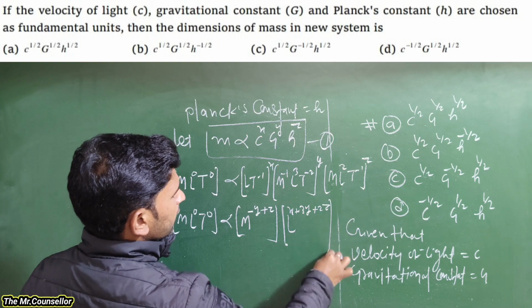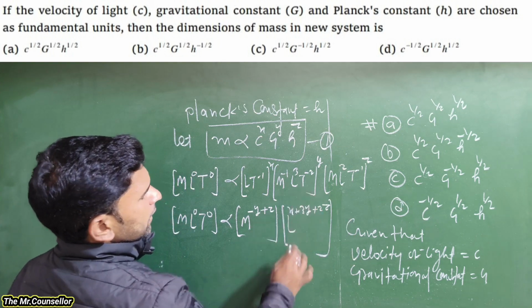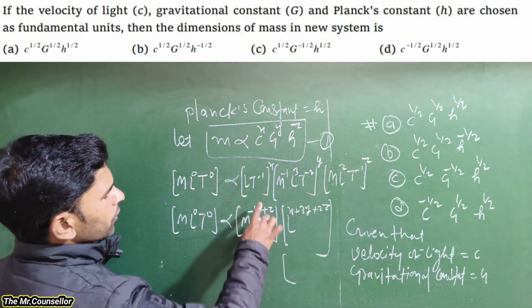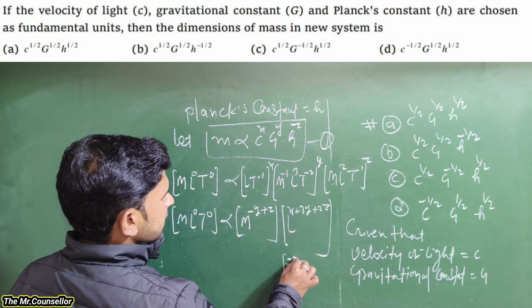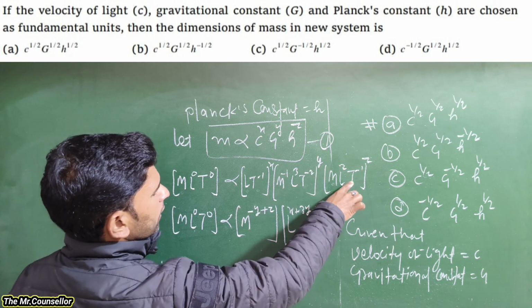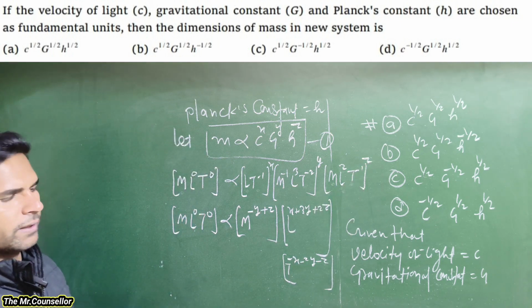After this we write T. T power minus x, here T power minus 2y and here T power minus z. So you got it like this.